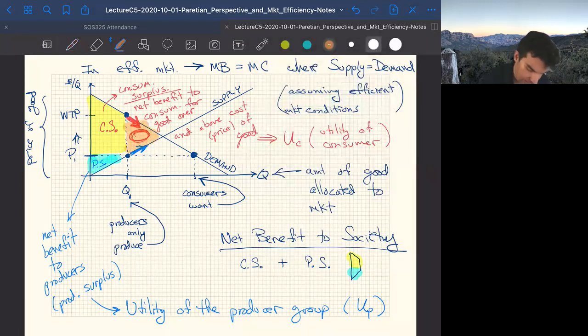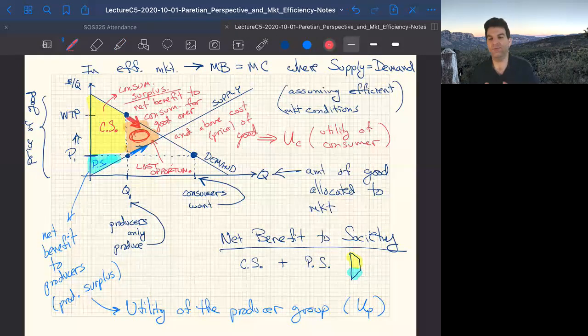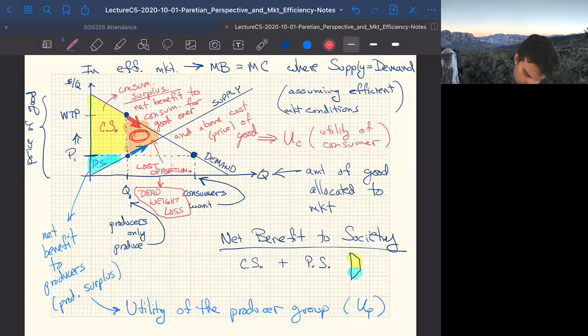This region is lost opportunity, and we refer to that region of lost opportunity as so-called deadweight loss.